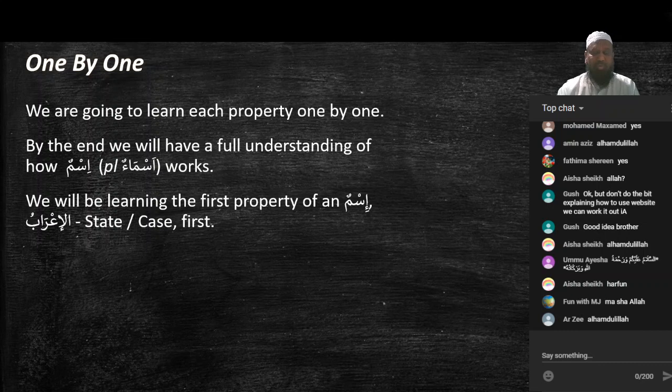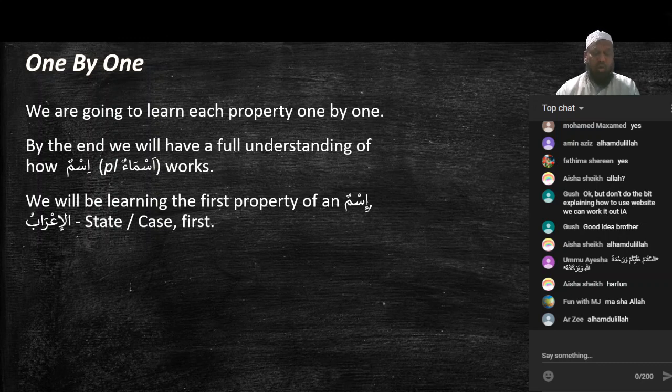Number three property of ism is al-adad, the number. Ism will give us a singular meaning, that is called mufradun. And ism will give us a dual meaning, that is called muthanna. And ism will give us plural meaning, that is called jam'un. So mufradun, muthanna, jam'un.